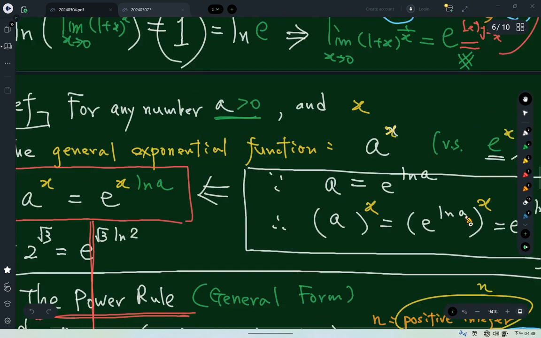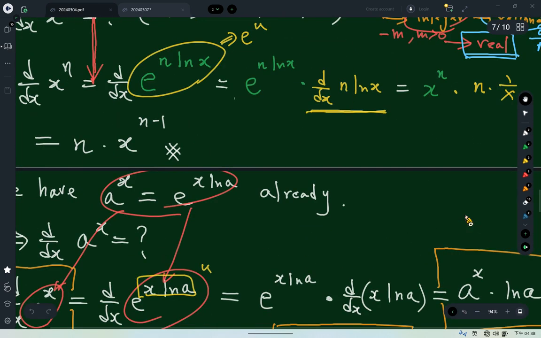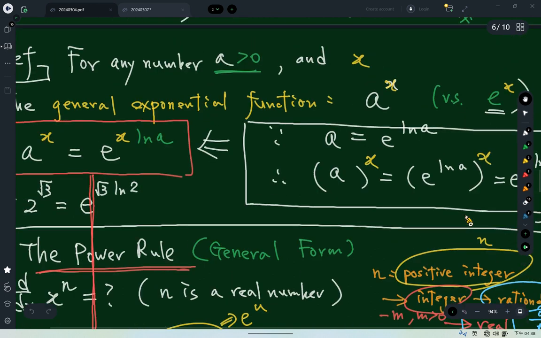Then finally, before the end of last class, we extended the exponential function to a general exponential function. The so-called general exponential function means the base is not just e, but a.